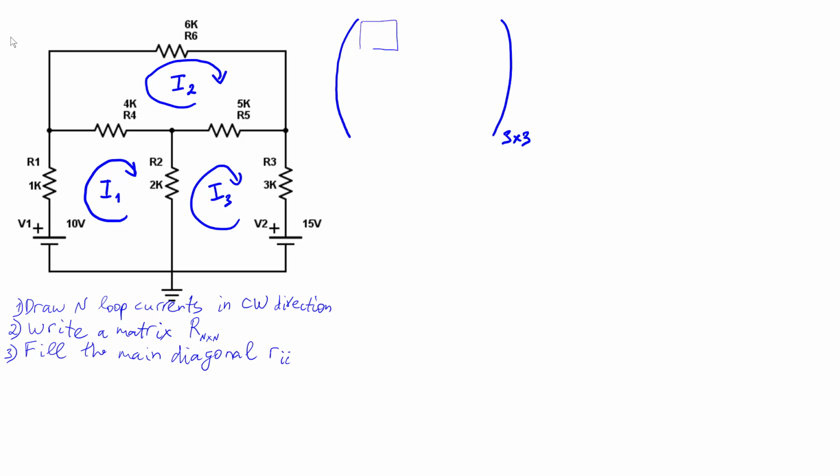Those are the elements of the main diagonal, and we have 3 of those, because totally the matrix is 3 by 3. So this is basically R11, this is R22, this is R33. So we need to fill it with sums of all resistors in the loop i.